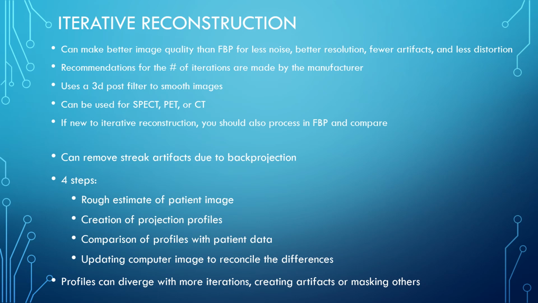Profiles can diverge with more iterations, creating artifacts or masking others. So it is very important with iterative reconstruction to follow the recommendations of the manufacturer, and also to compare it to filtered back projection if you are new and just introducing it to an existing scanner.